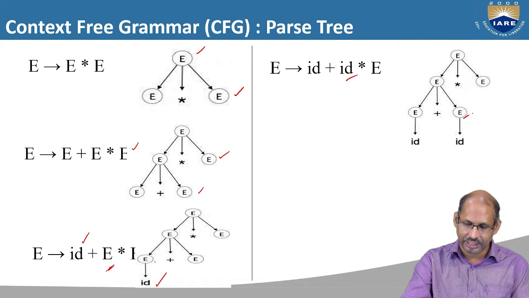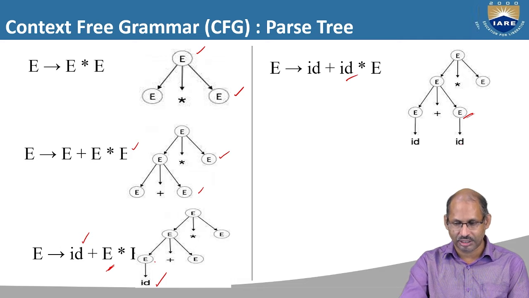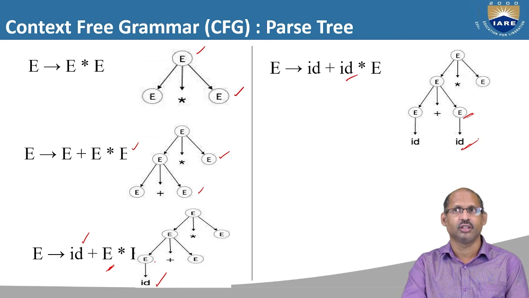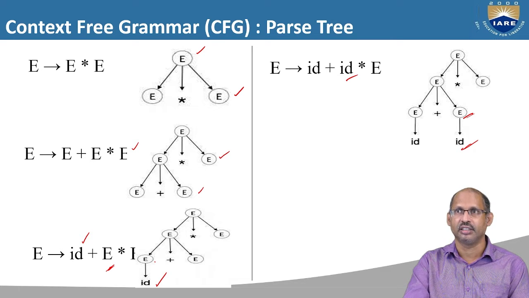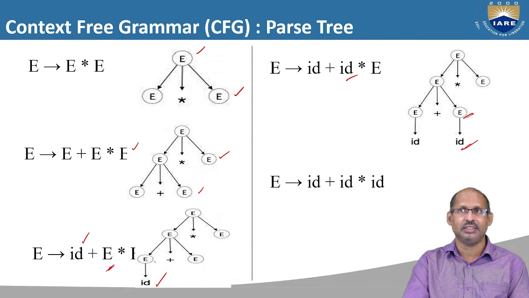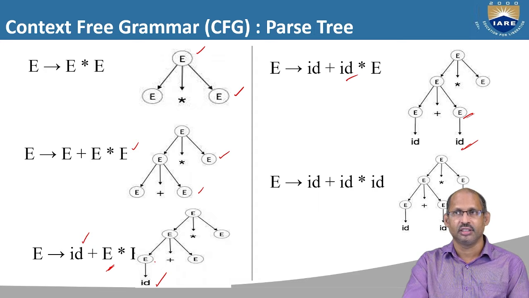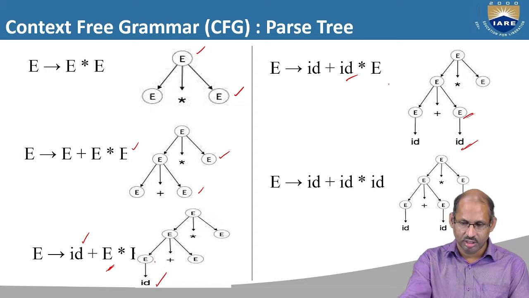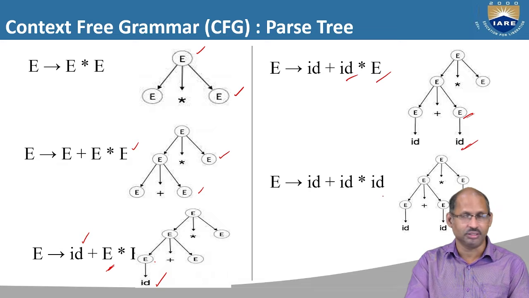So E gives ID plus ID into ID. Here the third expression is also replaced with ID.